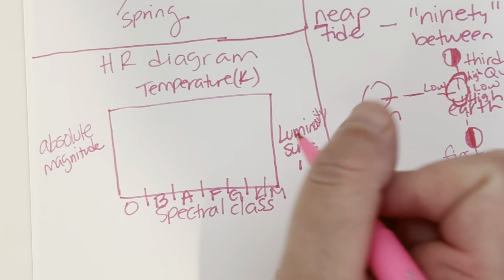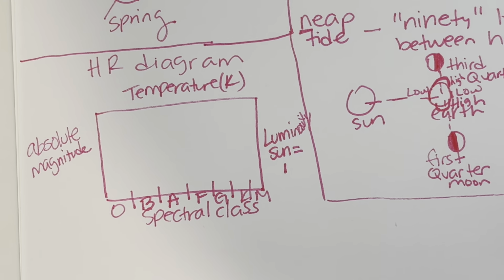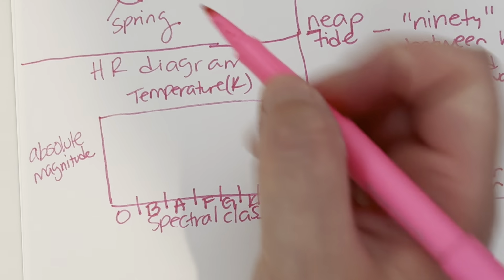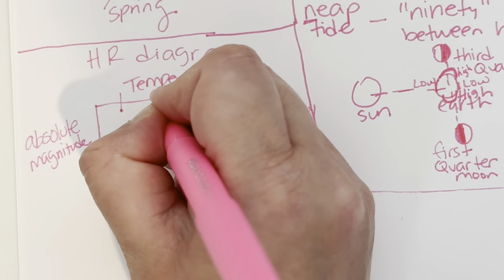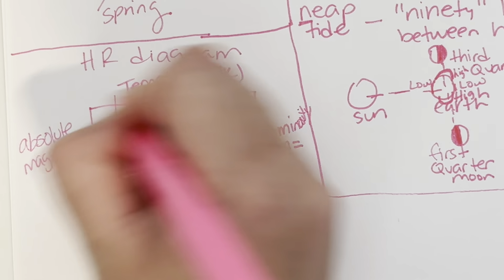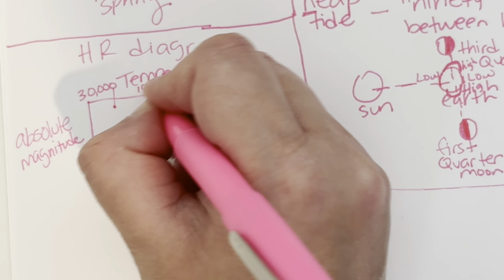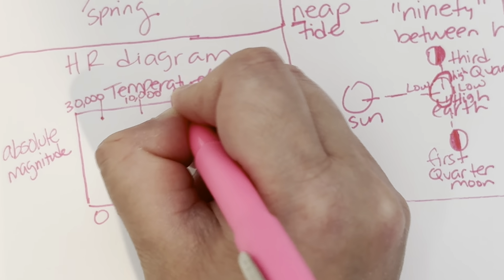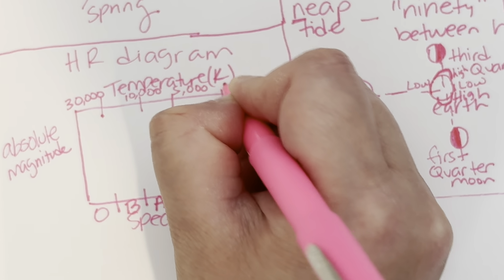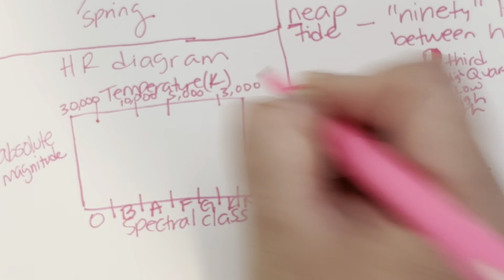And then temperature always increases towards the origin, right? Towards the left. So you're going to have your hottest stars this way. So let's just say this is 30,000. This is 10,000. This is 5,000. And this is 3,000. Let's just say, okay.